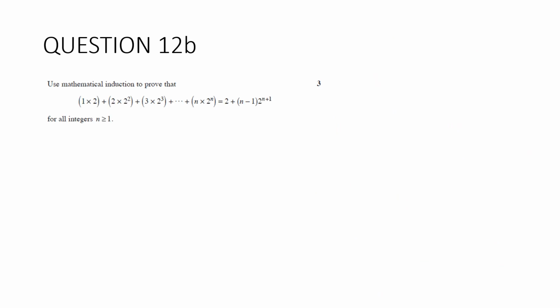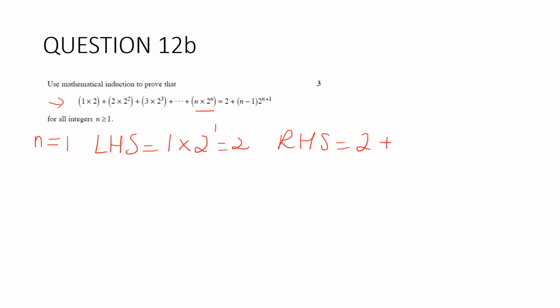12b, use mathematical induction to prove this, for all integers n greater than or equal to 1. So let's start with n is equal to 1. The left-hand side is equal to 1 times 2 to the power of 1, which is 2. The right-hand side is equal to 2 plus 1 minus 1 is 0, so it equals 2. So it is true for n is equal to 1.